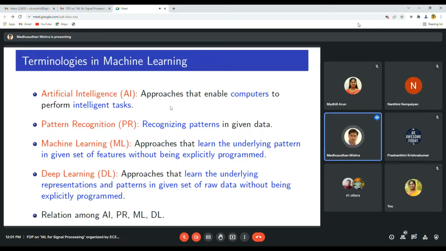So pattern recognition mainly refers to recognizing patterns in given data. There is a pattern for a fish, a pattern for a key, a pattern for a pen.